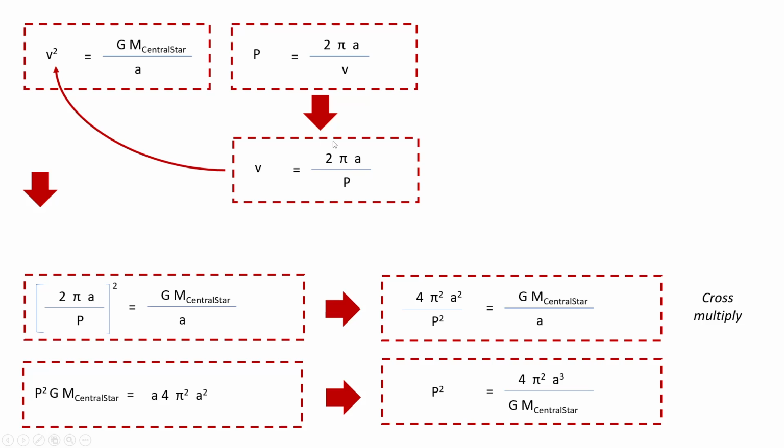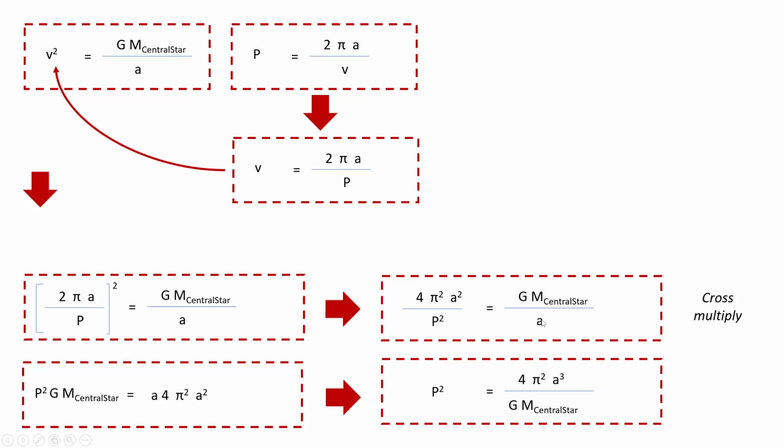So this part goes there, where it says v squared. So you get 2 pi A over P, squared. Of course, 2 pi A squared is 4 pi squared A squared, and P becomes P squared. So you get this, still equal to G M central star over A.